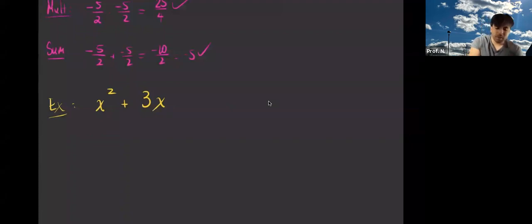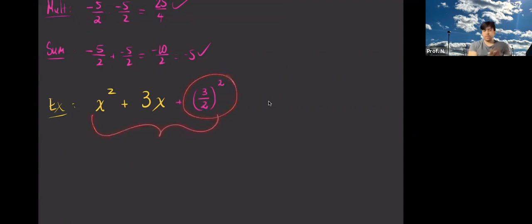So when we complete the square, what's the step we do? We take the 3, and what do we do with the 3? We divide by 2, and then what do we do? We square, right? That's completing the square. The moment you do this step, you create a perfect square trinomial.